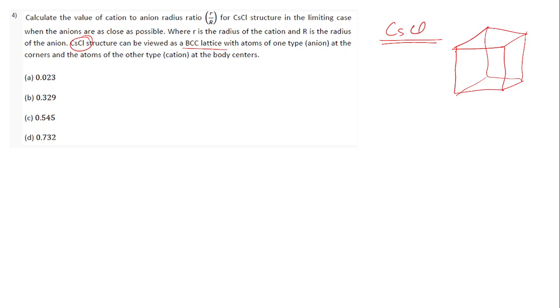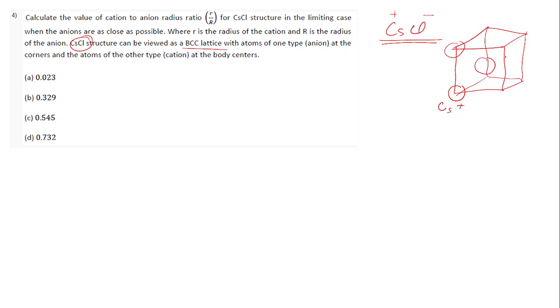So for this it can be taken as BCC, but here, for the Cs plus cation and Cl minus anion, either we can consider the cation on all the corners and the anion in the body center, or vice versa. Anyway is correct. If I consider that all the Cs plus cations are on the corners, then the Cl minus will be in the body center.